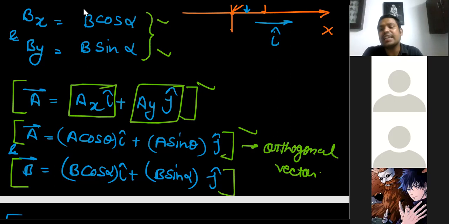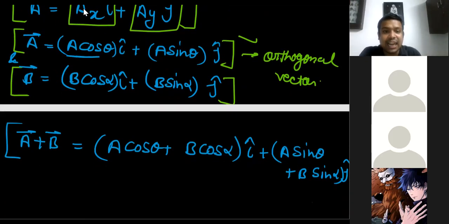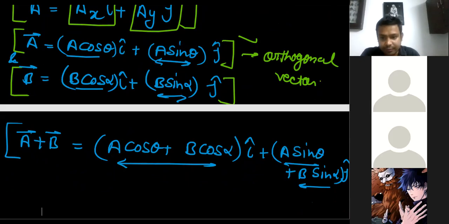The coefficient of i cap adds with the coefficient of i cap, and the coefficient of j cap adds with the coefficient of j cap. So A cos theta adds with B cos alpha, and A sin theta adds with B sin alpha. Clear, my dear friends?